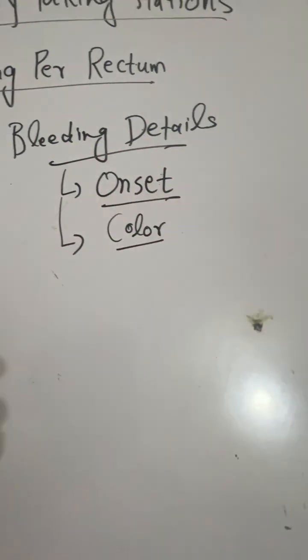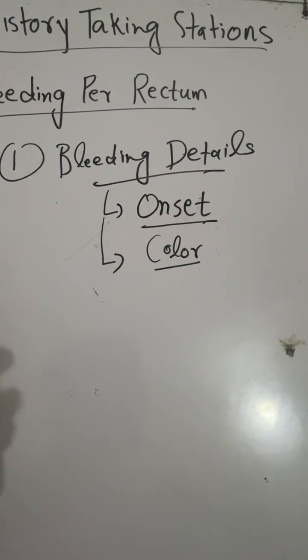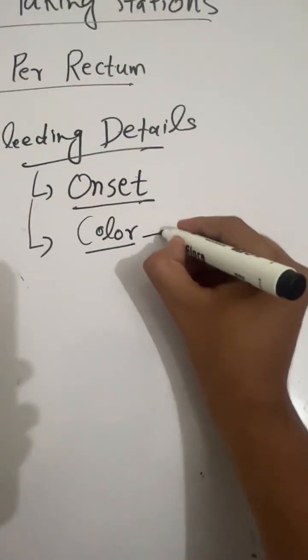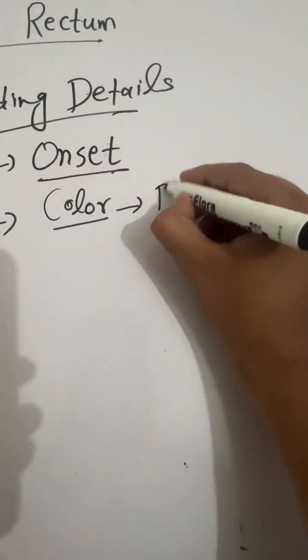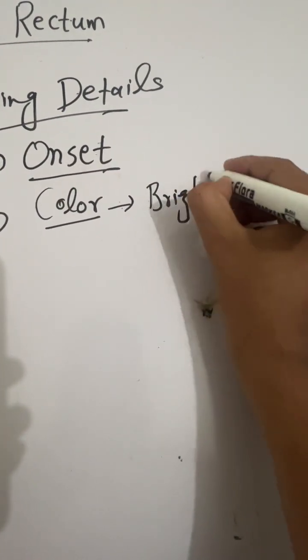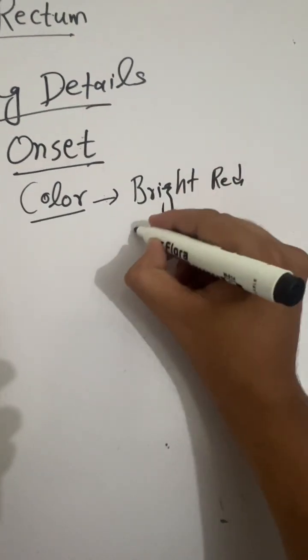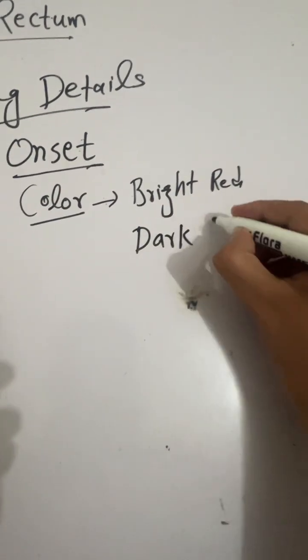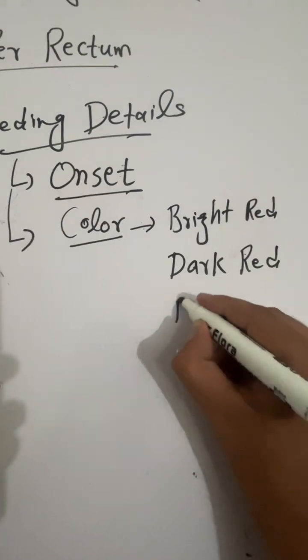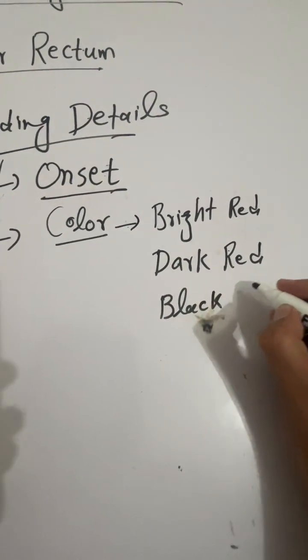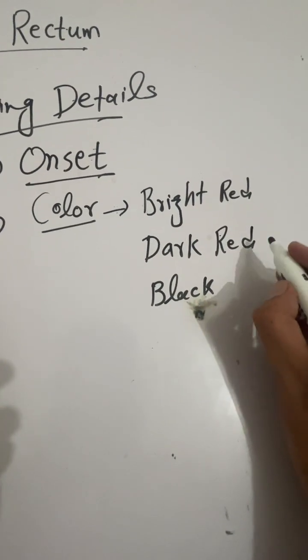of bleeding. We will ask the patient whether it is bright red blood, is it dark red, or is it black stools or black color of the bleed.